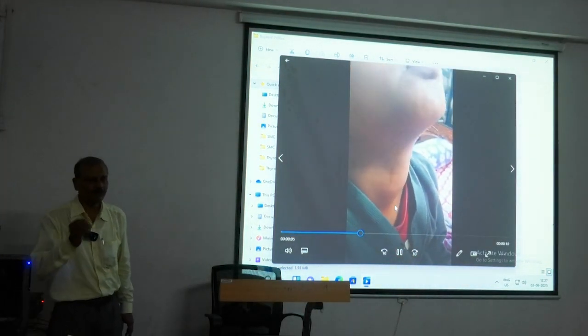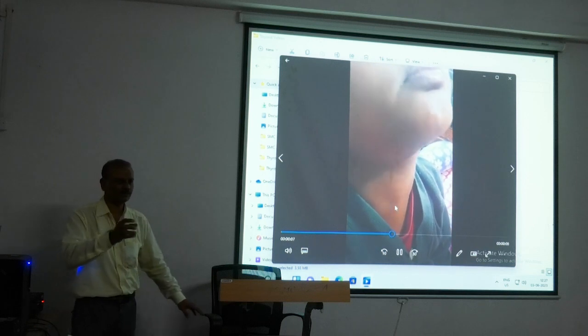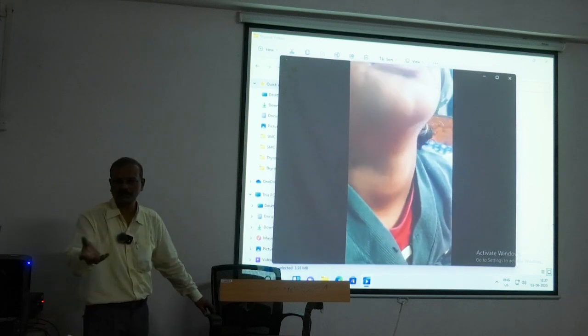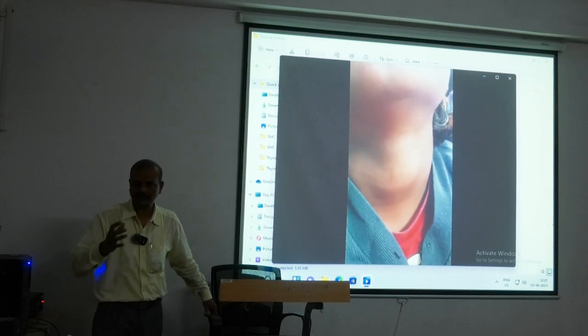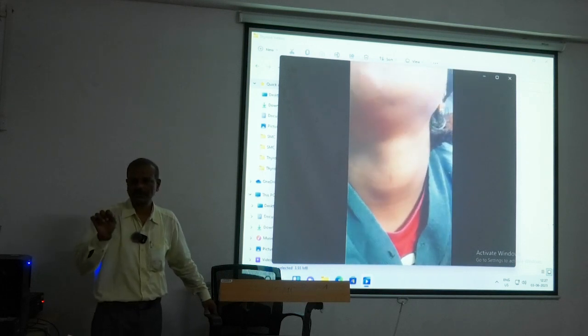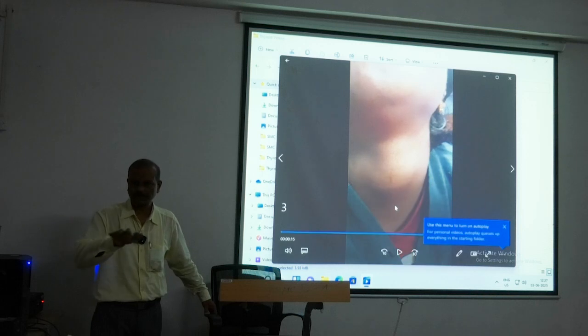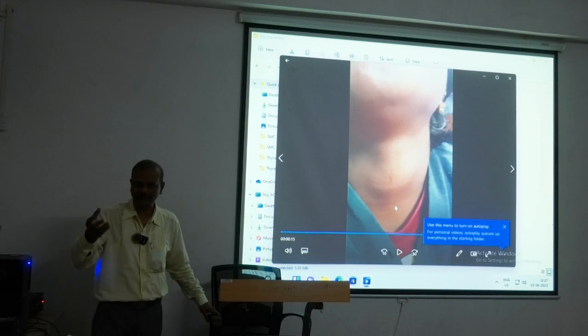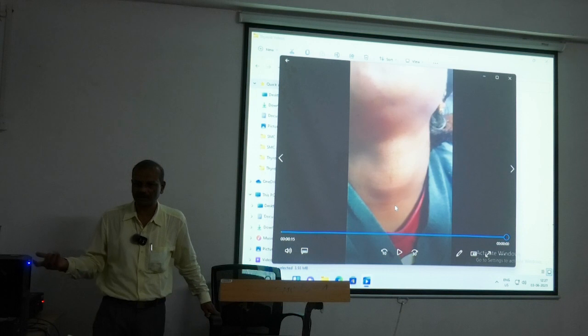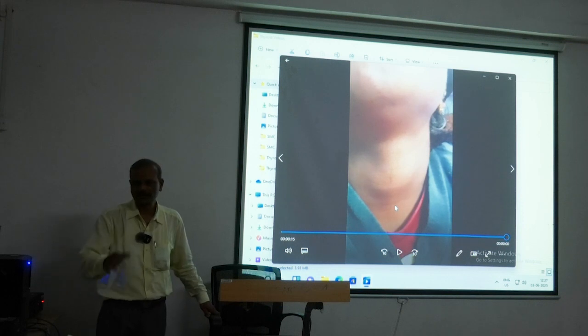Because periodically you need to follow it up, and because of the very easy availability of mobile phones, tell the patient to record a still photograph and a video also, and keep a date, so that during follow-up you will be able to know what has changed. If the patient doesn't have that facility, at least spend some money, 10 rupees, to give a DVD also.